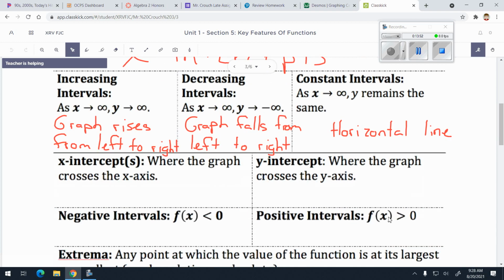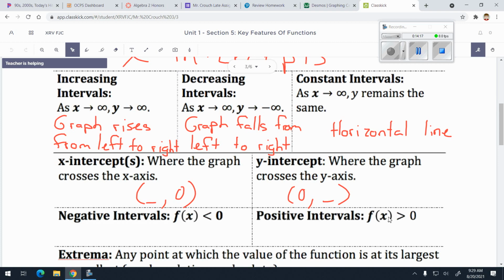Intercepts are the points that the graph crosses the x or touches the x-axis. They're always written as blank, comma 0. You should know that. The y-intercept is where you touch the y-axis. So those are 0, comma blank, whatever your y-intercept is. Okay. Negative intervals.